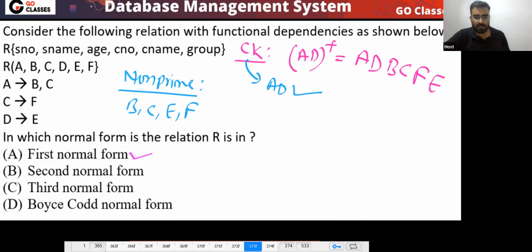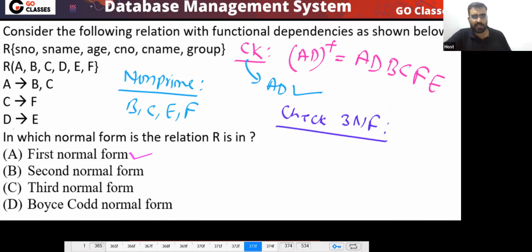What about 3NF? Check 3NF. Why am I going in the reverse direction? Anyone want to tell me? First BCNF, then 3NF, then 2NF. Why? Just think about it.